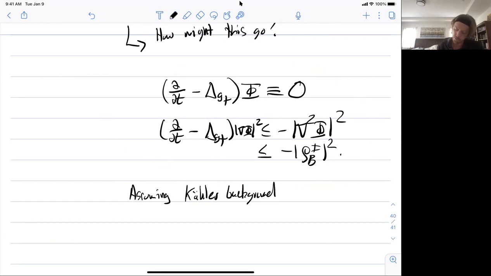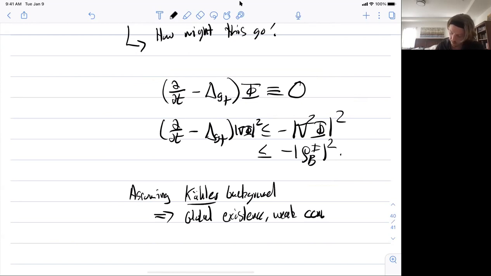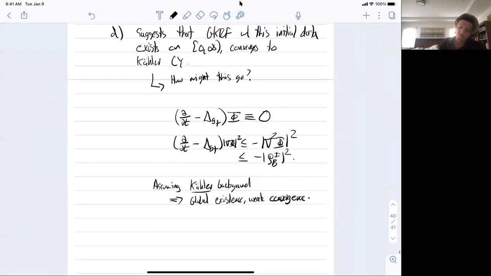So essentially the proof would just go through to show global existence, and again, weak convergence. So I think this much is definitely attainable, assuming that these, I think very highly plausible, conjectures hold.